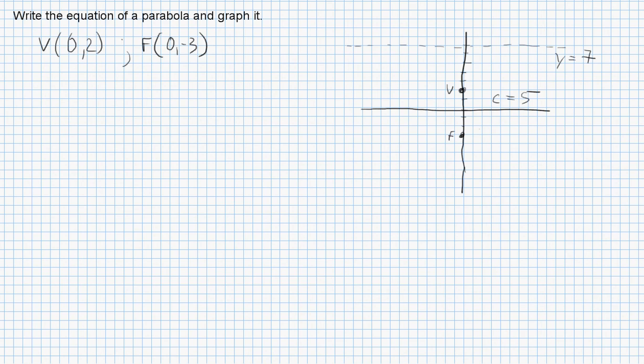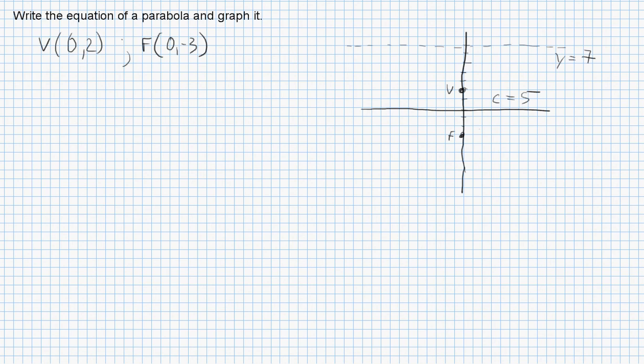All right? We can see that the parabola is going to be vertically oriented because the directrix is horizontal, and since the focus is below, in order to have the parabola go through the vertex and curl around the focal point, it has to open down. So we're going to have a vertical parabola opening down.